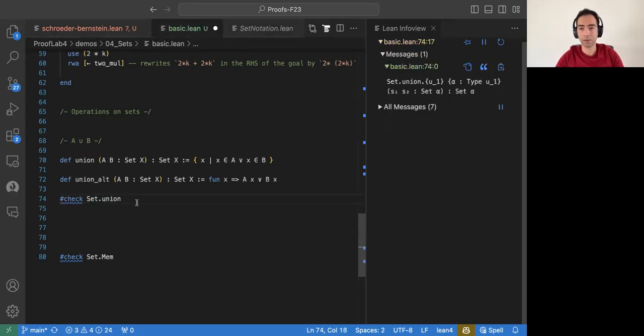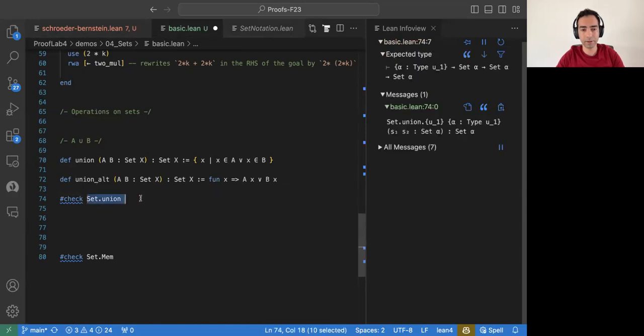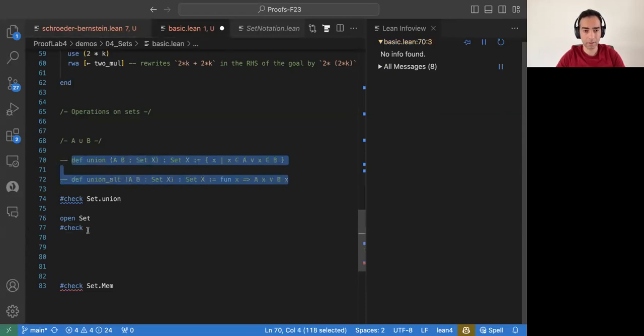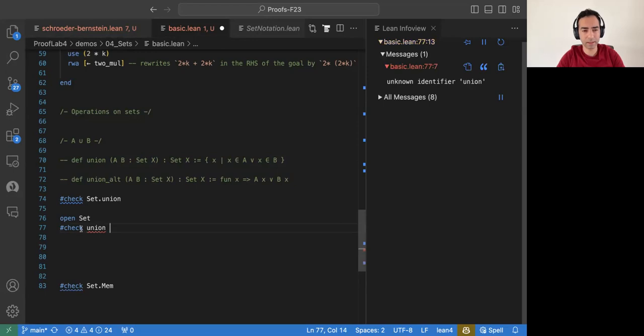Yep. So either we have to write set union, or we can open sets, and therefore we don't need to write set dot. Sorry, this should be namespace.